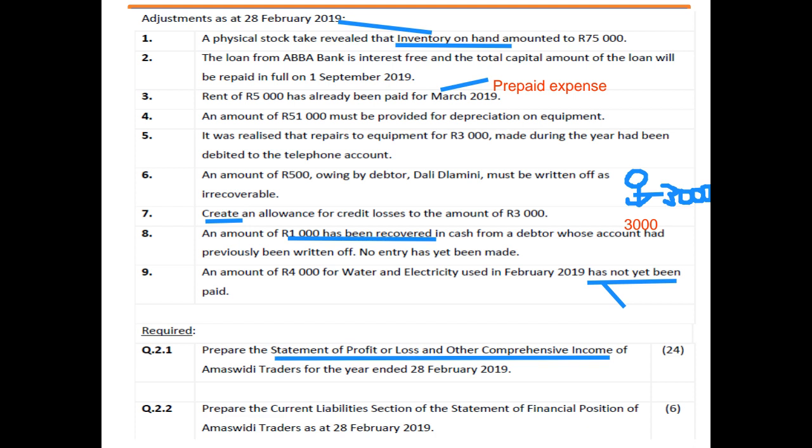Because it's still to be paid, and it is for our period. Can you see the difference between the two? This one was paid for next year, we must minus it. This one was not paid for this year, we must add it. It's going to be accrued expense, expense still to be paid. Does that make sense?